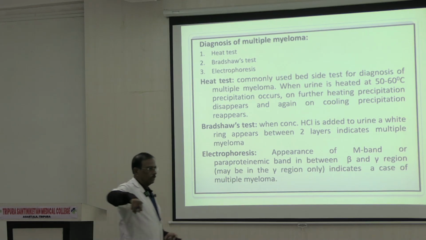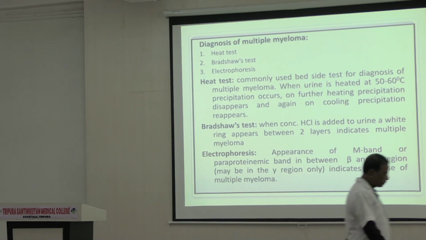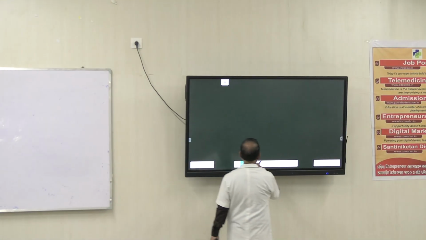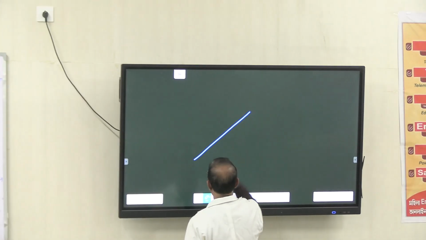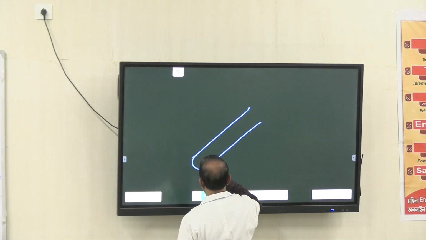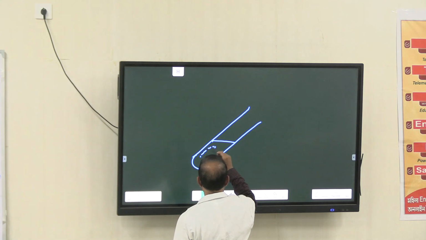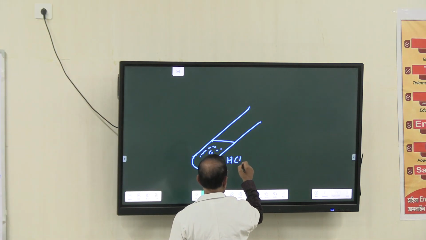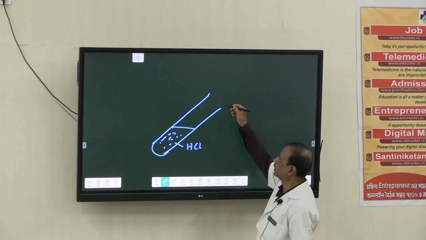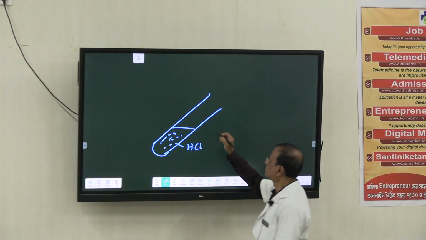Bradshaw test: take concentrated hydrochloric acid and pour the urine sample from the side gradually.